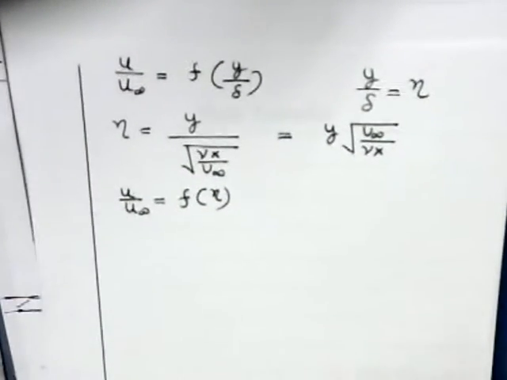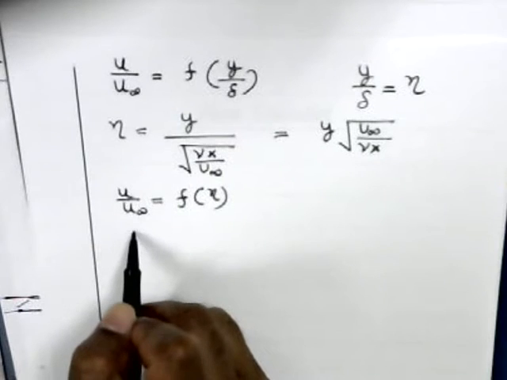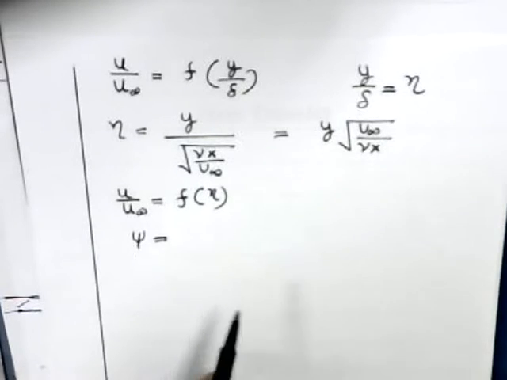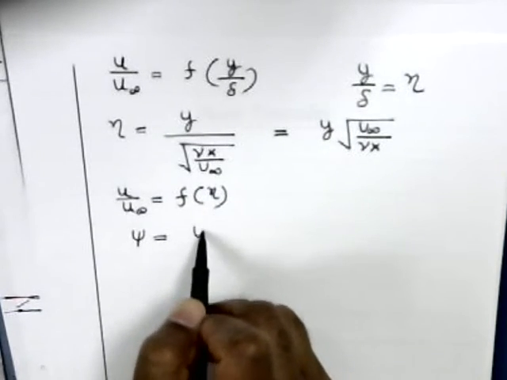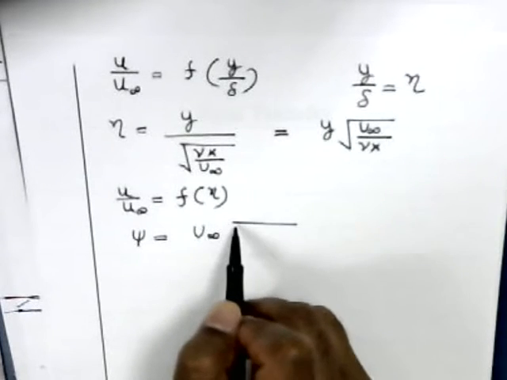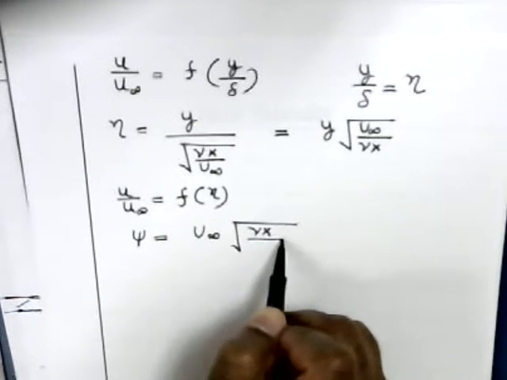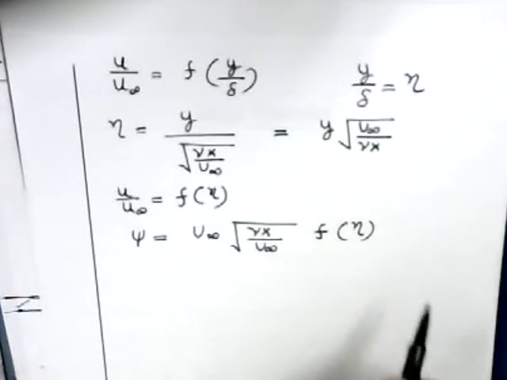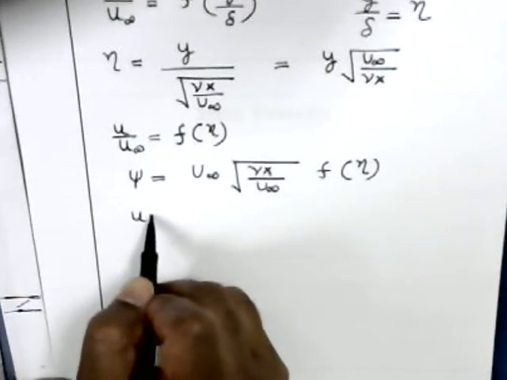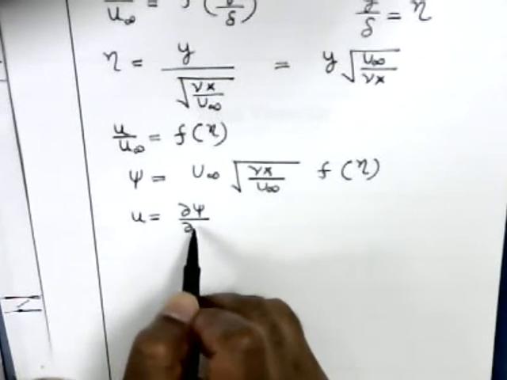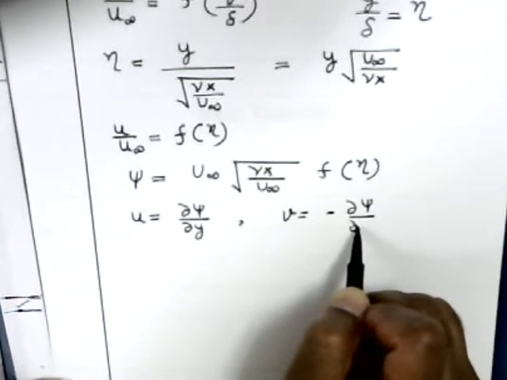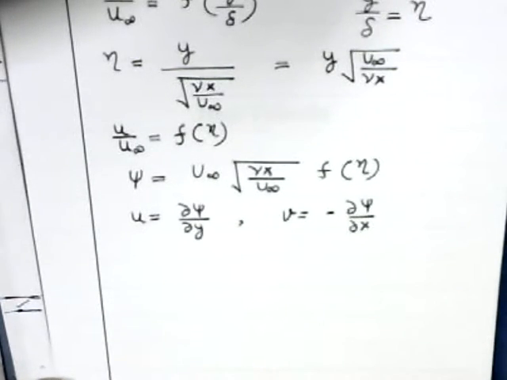And now Blasius defined a stream function psi, and there is a reason why it is defined in this way, but I'm skipping some of the details here. If we define a stream function like this, u infinity times square root nu x over u infinity times a function of eta, where u is del psi by del y and v is negative del psi by del x, that is for a stream function.